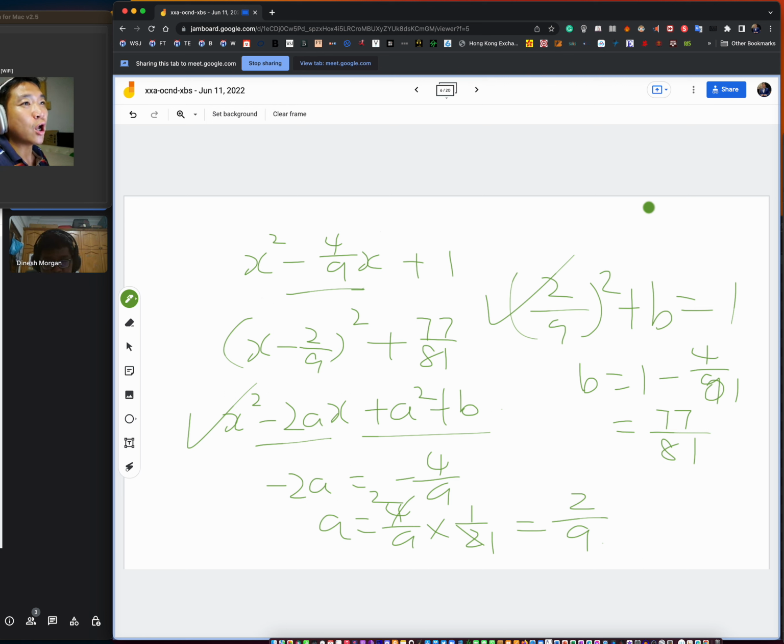A lot of students, when I try to teach them completing square, are quite confused. They wonder why divide by two, and then you have this term, and you have to square it, and then account for that. They are just confused. But with this by comparison method, it's less confusing to a lot of students.